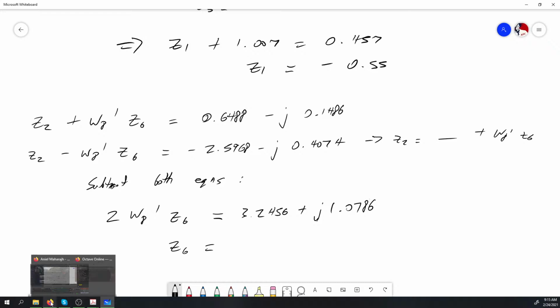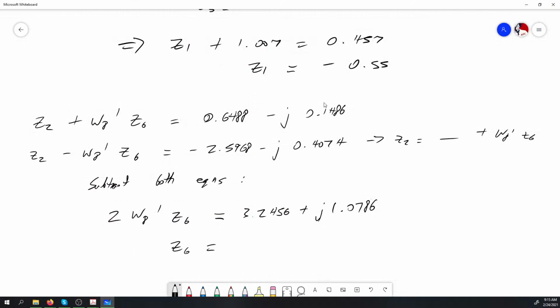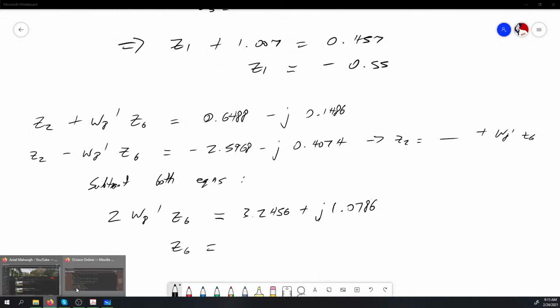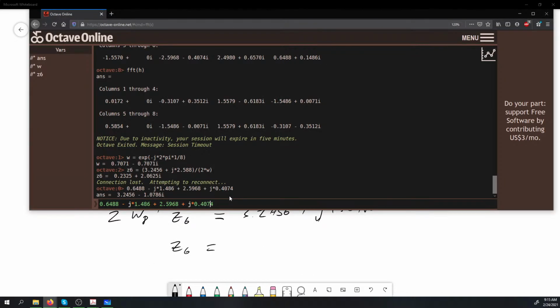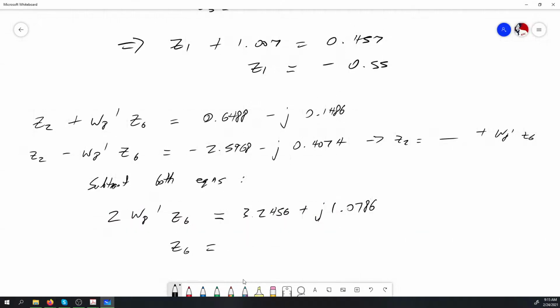So I'm going back in my Octave calculations just to see what I did. Oh, the 0.1486, that's what I did wrong. There we go, that's the correct answer. So this is going to be 0.2588i.